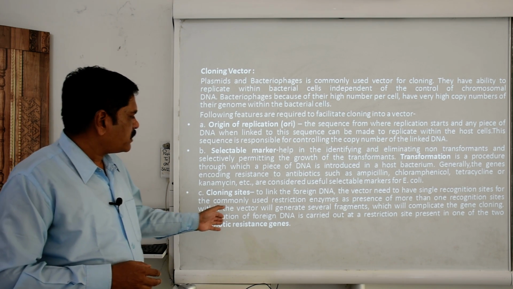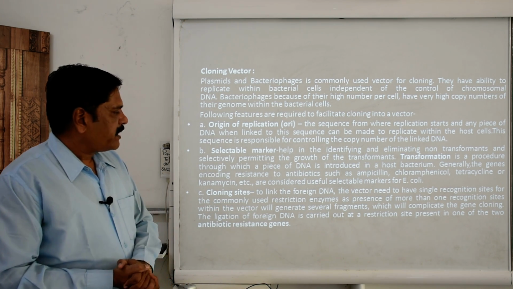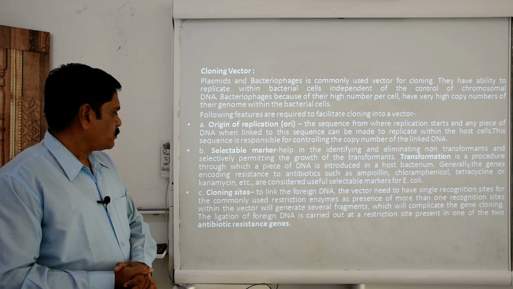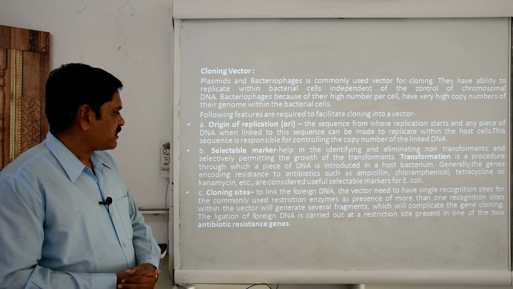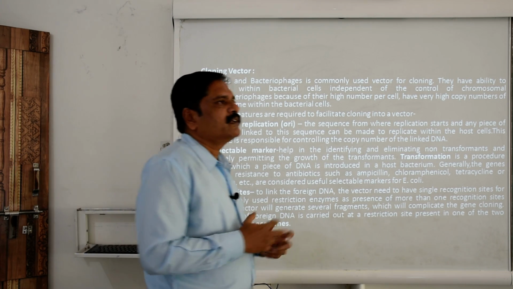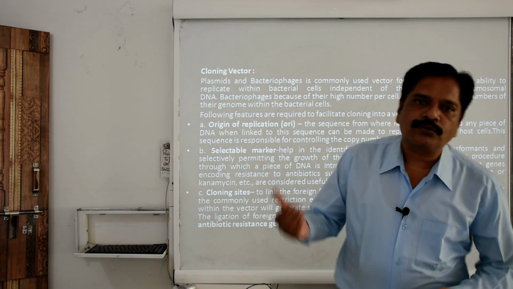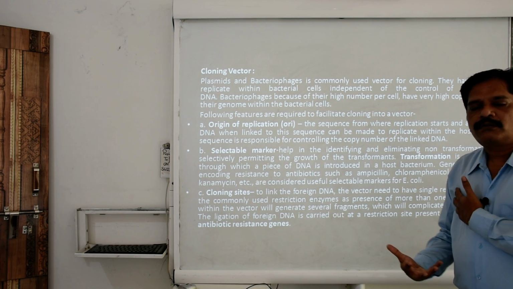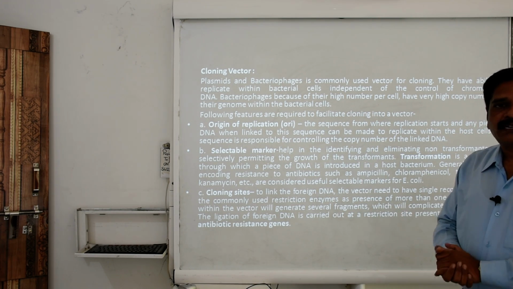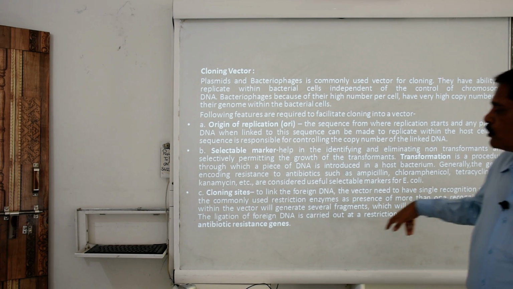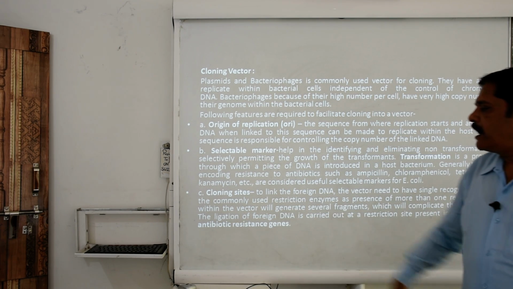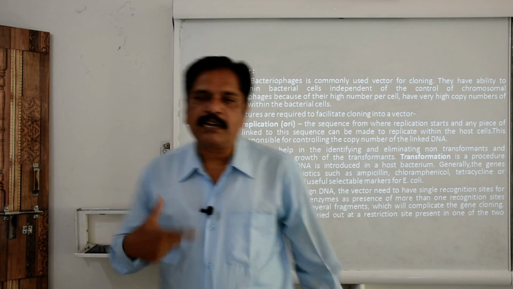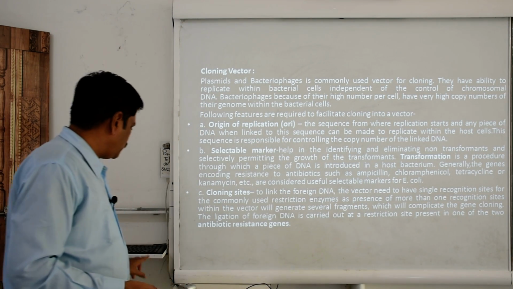So the ligation of the foreign DNA is carried out at a restriction site present in one of the two antibiotic resistance genes. We only need to multiply that specific segment. So by using these antibiotic resistance genes, we can multiply only the specific site of this gene.